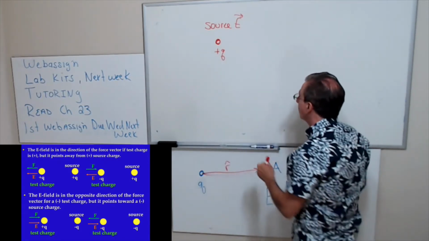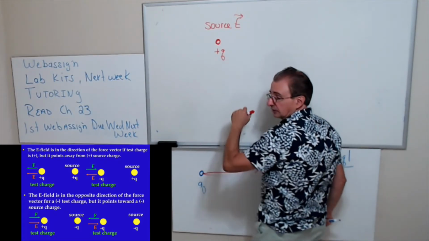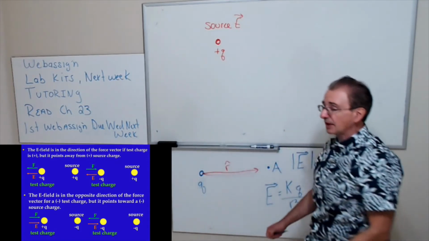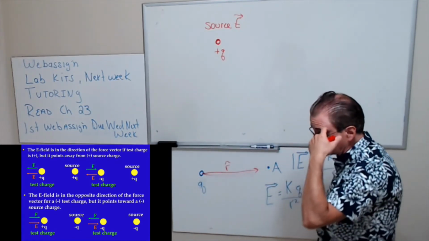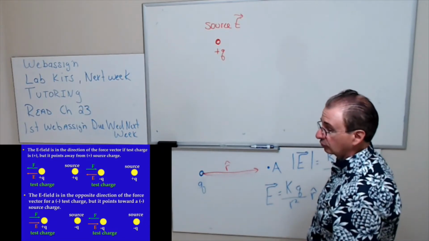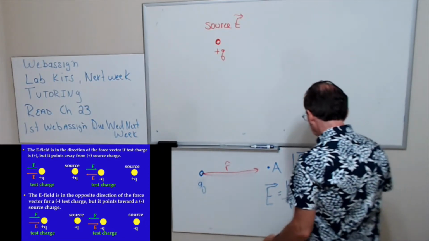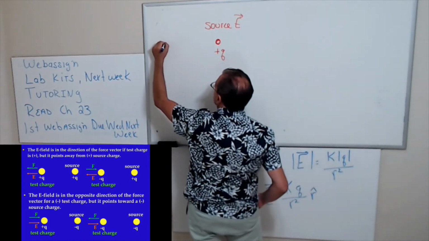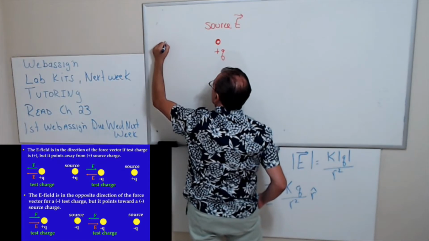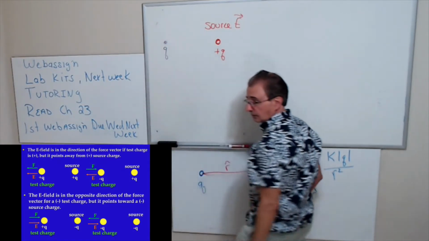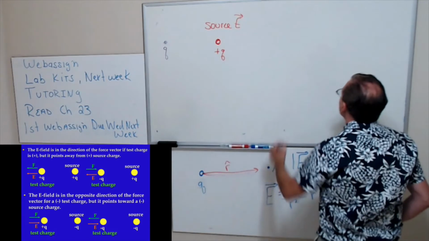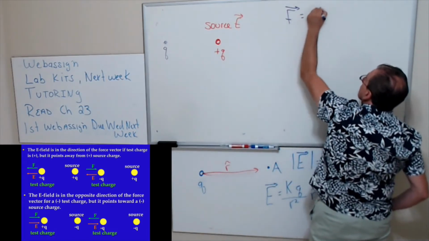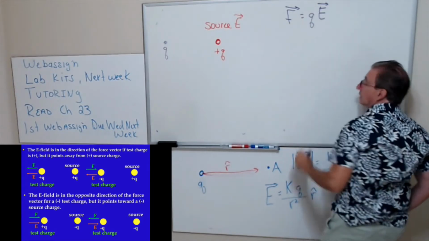So I want to know how the electric field is directed anywhere within the vicinity of the charge. Can I make some sort of generalization about the electric field direction due to a positive charge? Well, let's do this. Let's say I put a test charge here. And let me write down my equation for the force on a test charge.